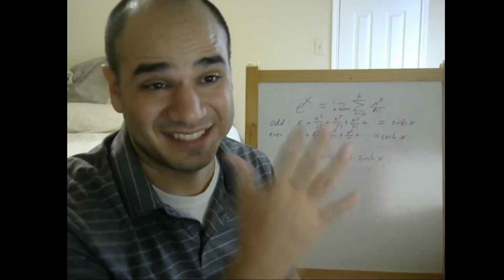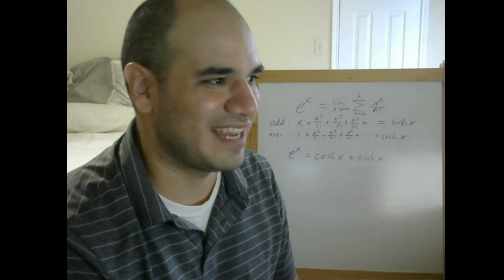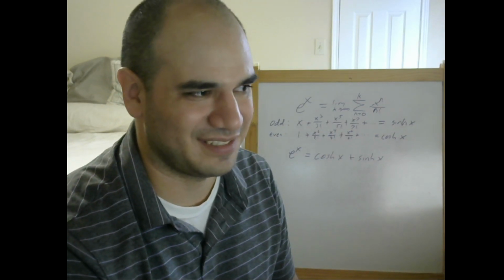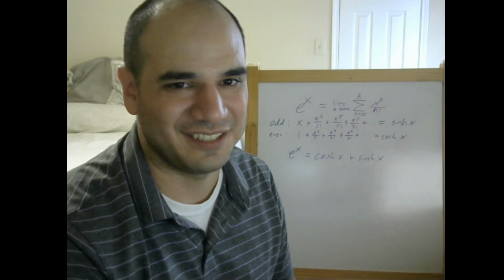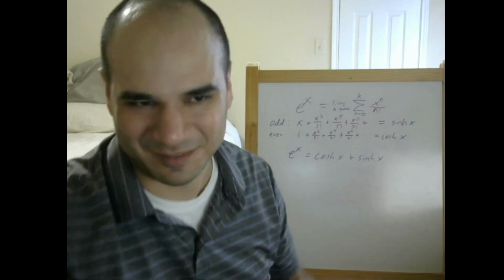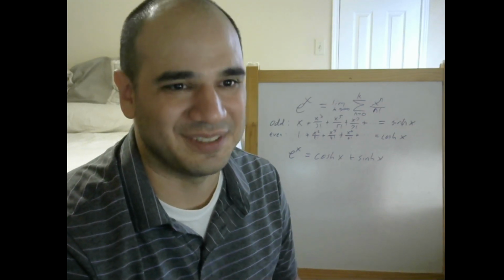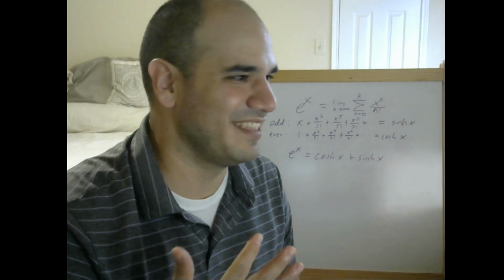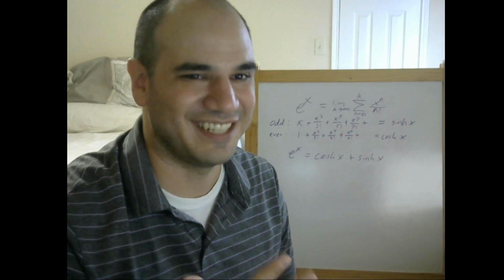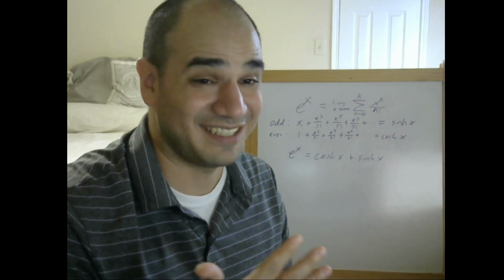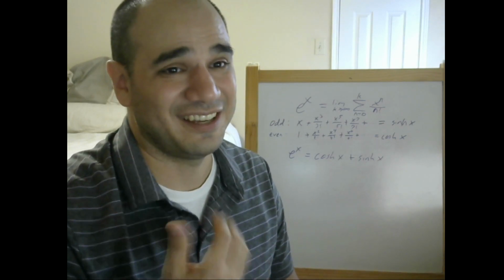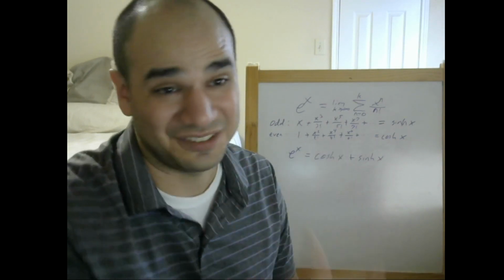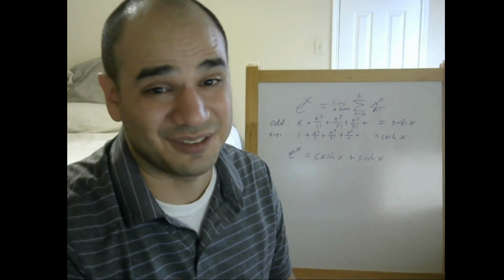Okay, so this is the idea that if you have this infinite series of differentials, you can patch them together to make a polynomial that gives you these. You can call it an approximation, and that's if you cut the series off. Otherwise, if you go to the limit, then it is the actual value.